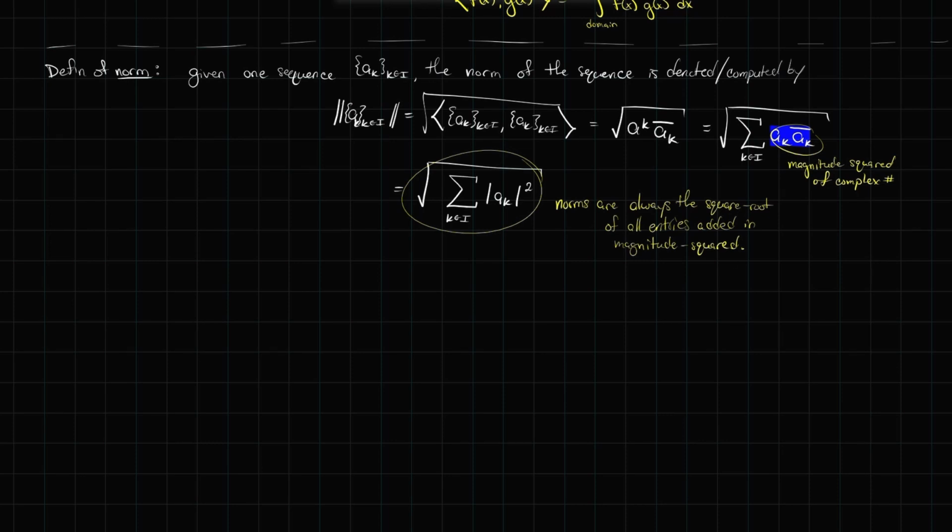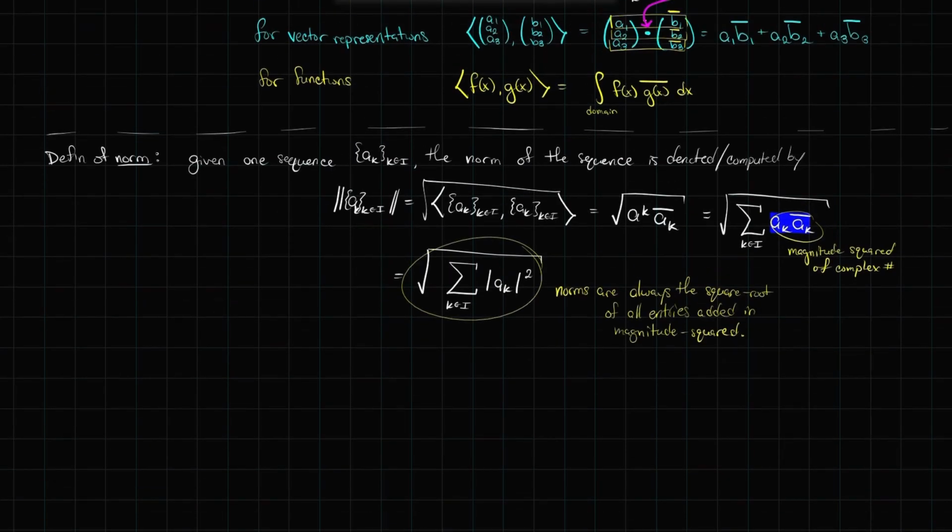And so just like before with the inner product, maybe we'll say for vector representations, we can compute a norm of something like (a1, a2, a3) as the square root of the magnitude of a1 squared plus the magnitude of a2 squared plus the magnitude of a3 squared.